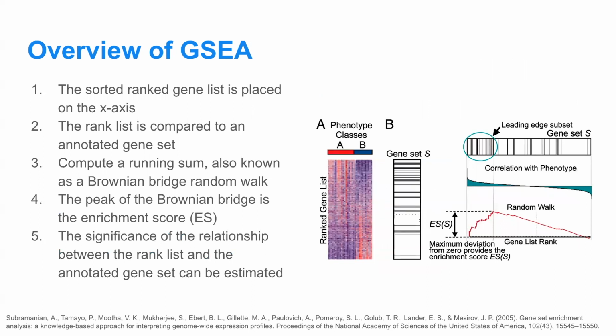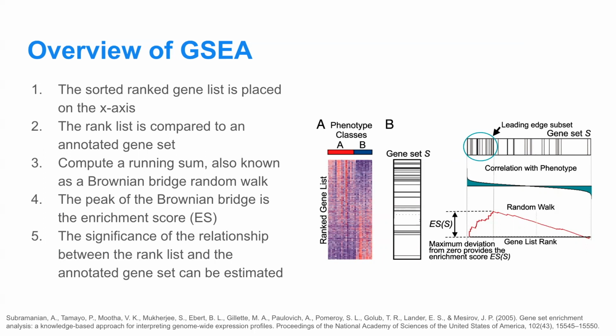Basically, a quick overview of this algorithm. You have a ranked gene list, and you place this along an x-axis of a graph, and then you compare the ranked list to some annotated gene set. Then you compute a running sum, or a Brownian Bridge random walk. On the right, you can see that red line, which is the Brownian Bridge plot.